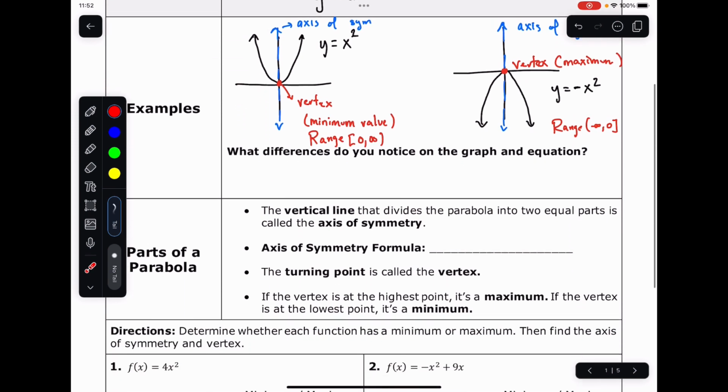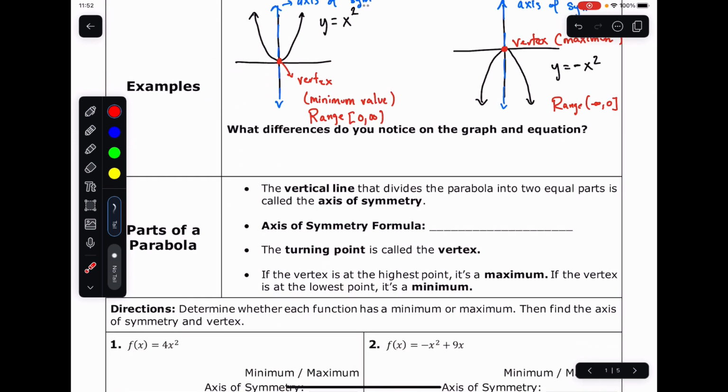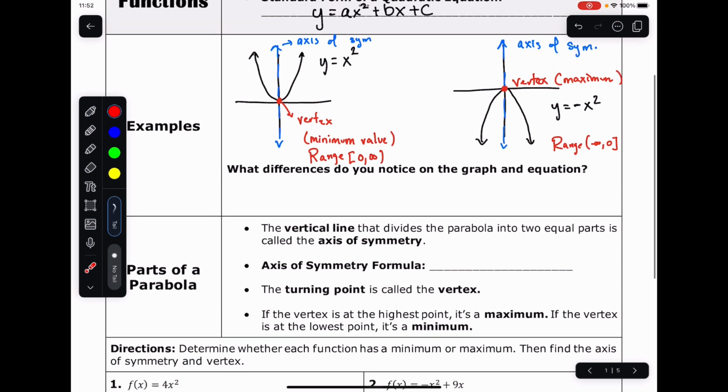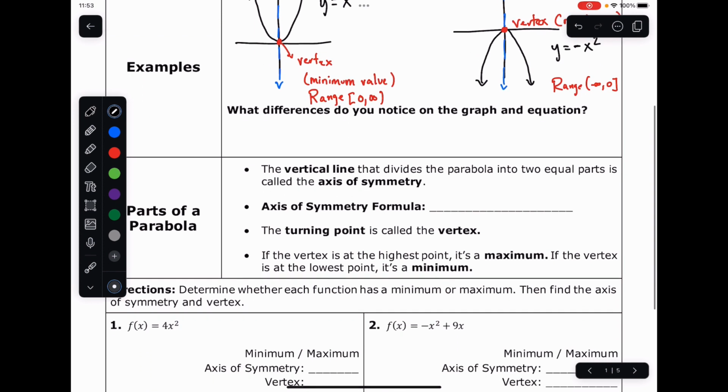Now, like I mentioned, the vertical line that divides the parabola into two equal parts is called your axis of symmetry. And the formula to determine where this axis of symmetry is the following formula. It's x equals negative b divided by 2a.